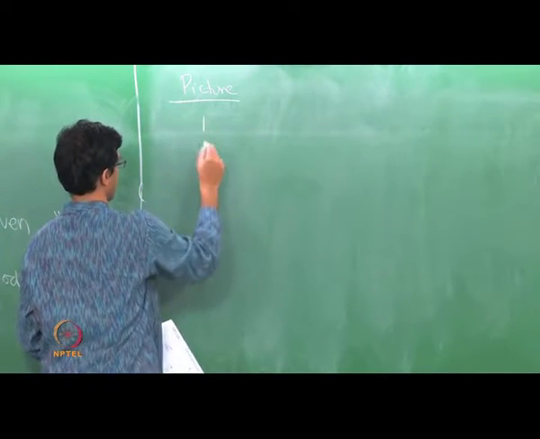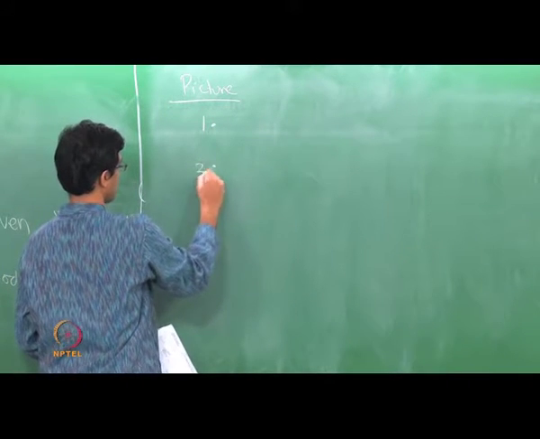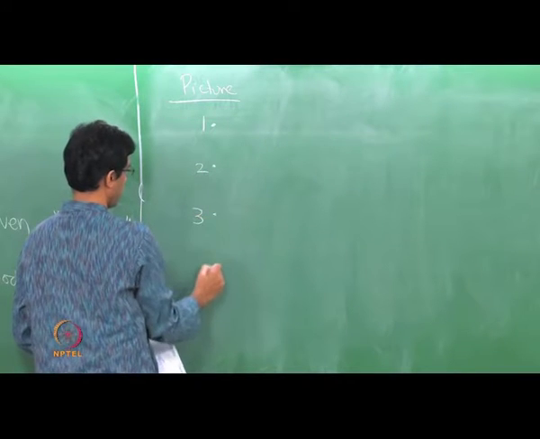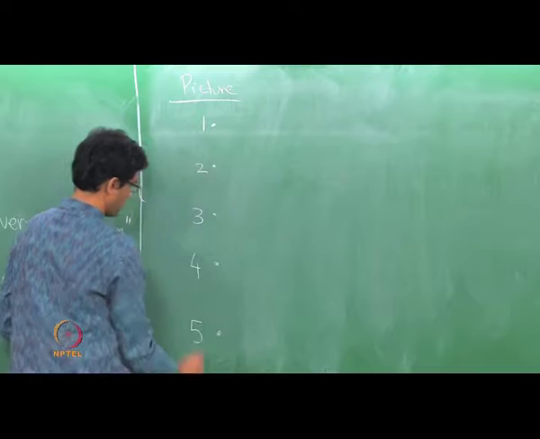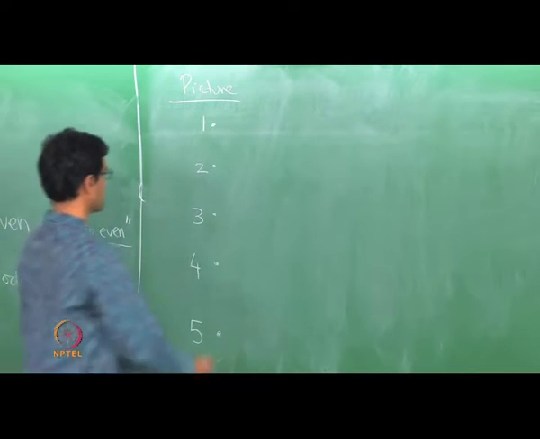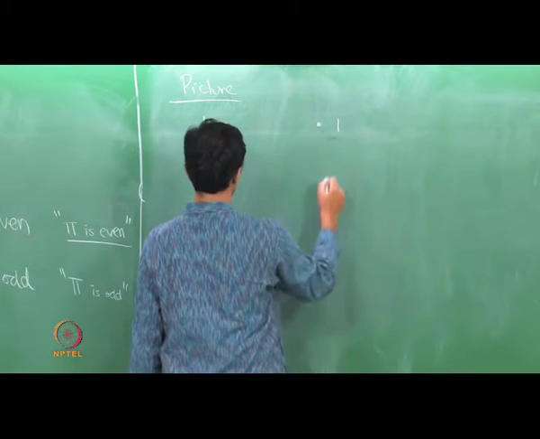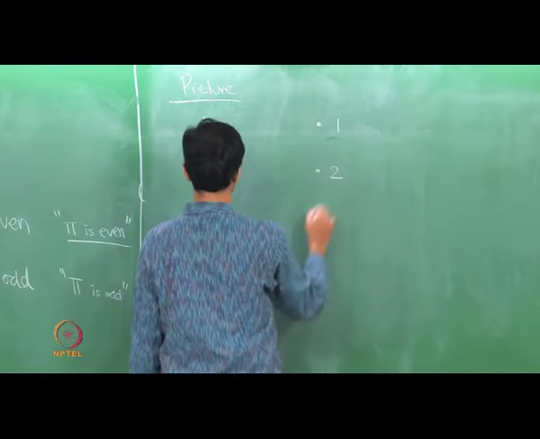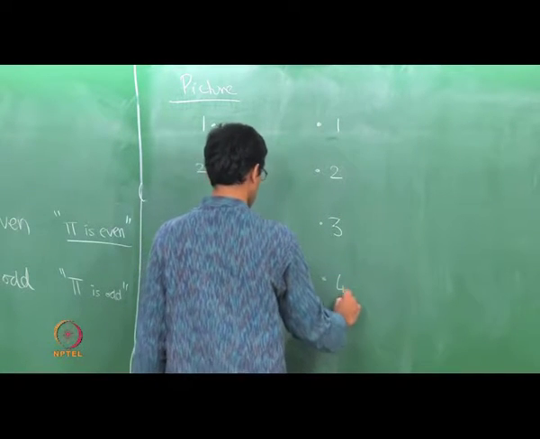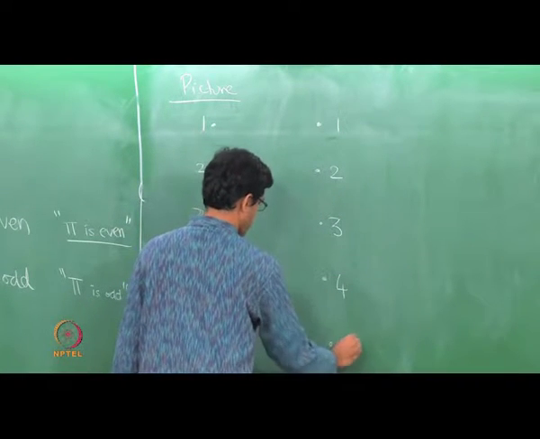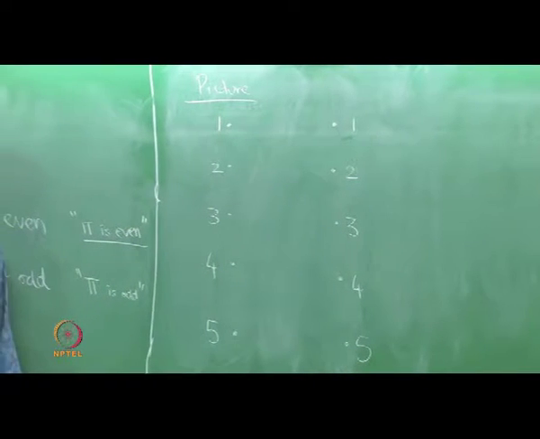I have the numbers 1, 2, 3, 4 and 5, drawn reasonably equally spaced, and on the other side the same numbers again, 1, 2, 3, 4, 5. Okay, so I am going to draw the function diagram.